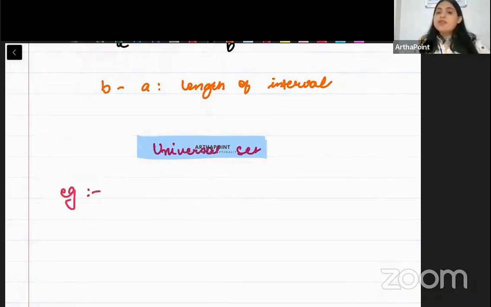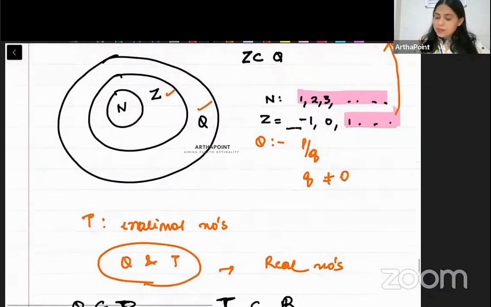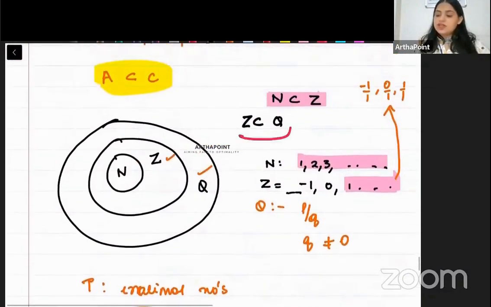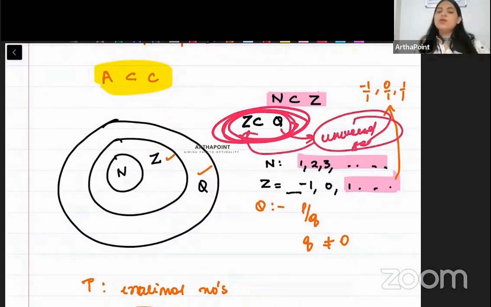Just for example, for the set of integers, universal set can be rational number. We just proved, beta, that integer is a subset of the rational numbers. So rational number will act as a universal set, a bigger set, for the integers.